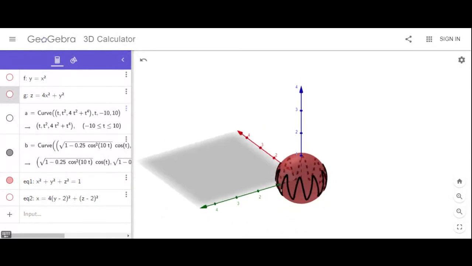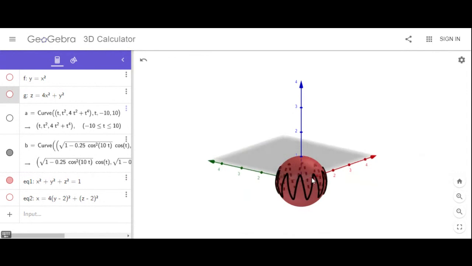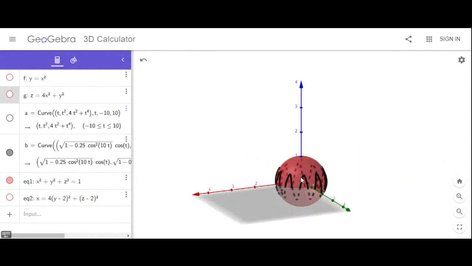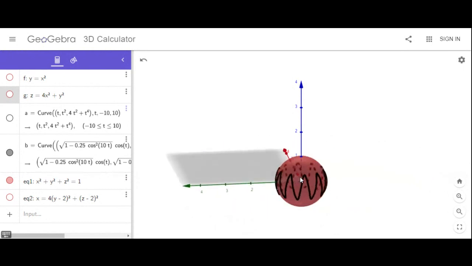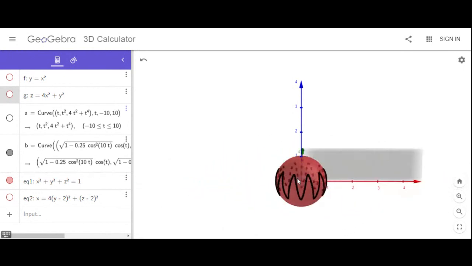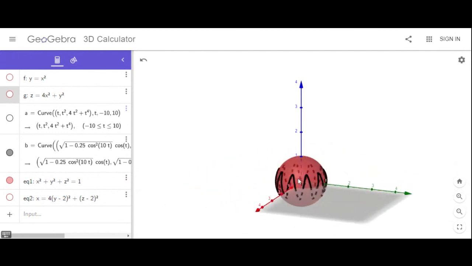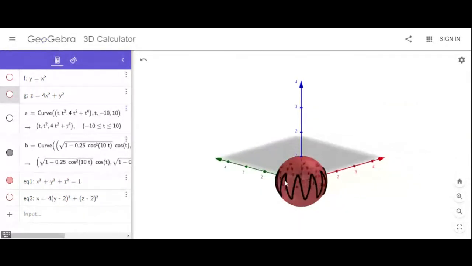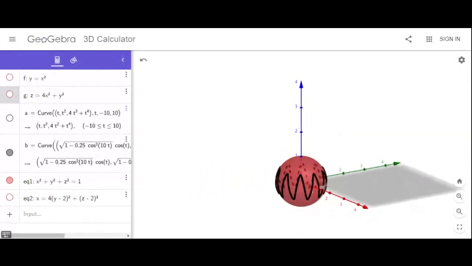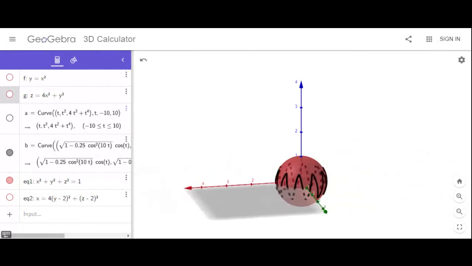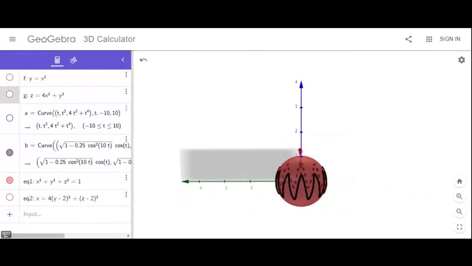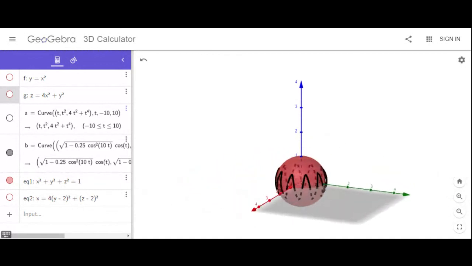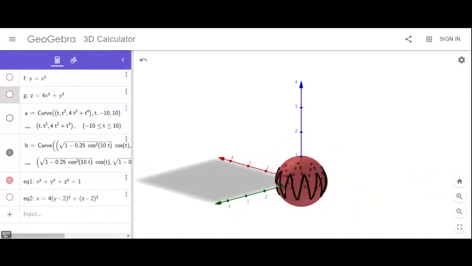Oh no, this parametric that I have graphed right here, the black line, is not the intersection of two surfaces. Well, it might be, but I don't know what those surfaces are. So a use of parameterization is finding the curve of intersection, but not every parametric curve is a curve of intersection. This one just happens to lie on the unit sphere.